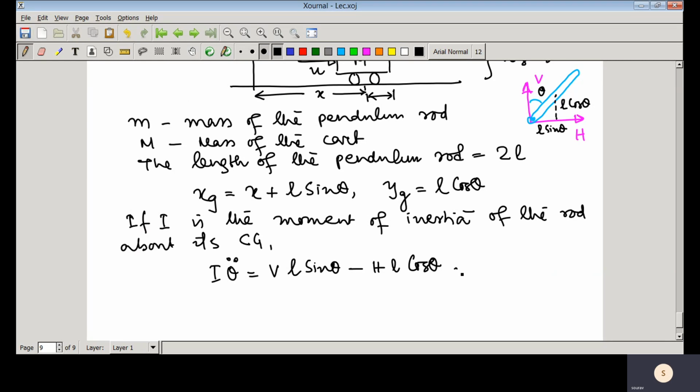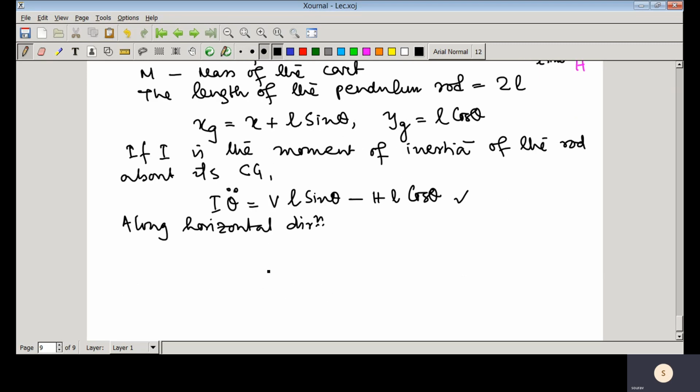So then we have these equations. Along the horizontal direction, this is the equation for the rod: the displacement is L sine theta, and this is the horizontal force.